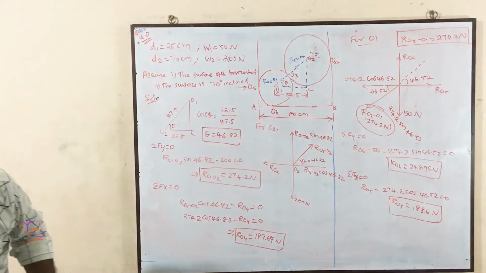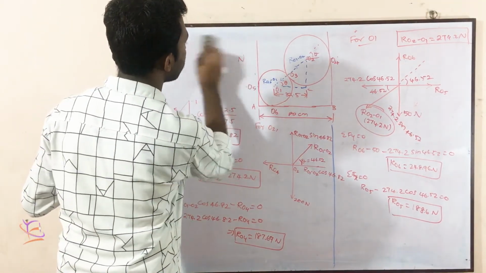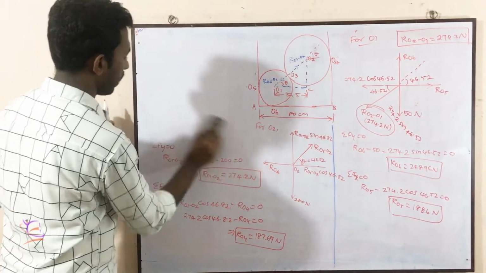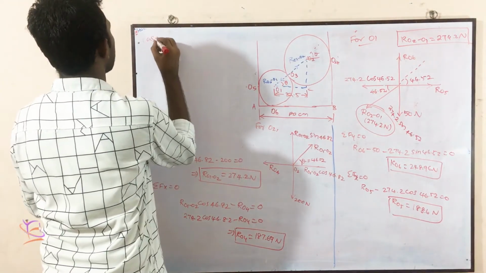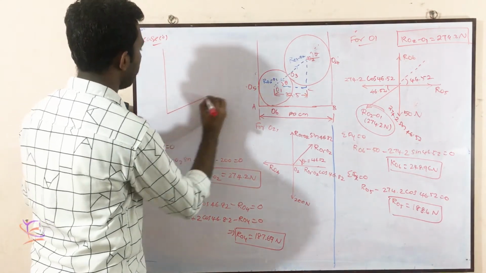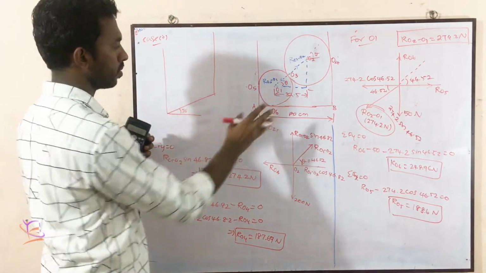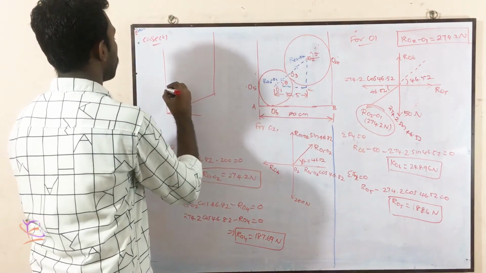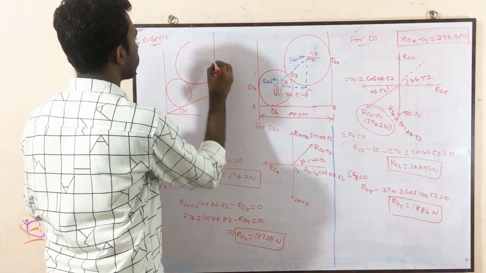I am drawing the diagram. So I am making the second case. Okay, case 2, inclined. Now this is 30-degree inclined. Now this is the smaller and this is the larger one.